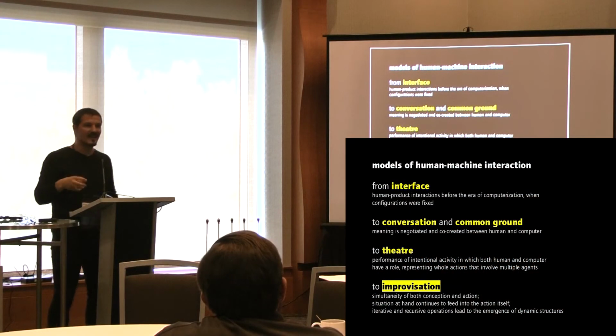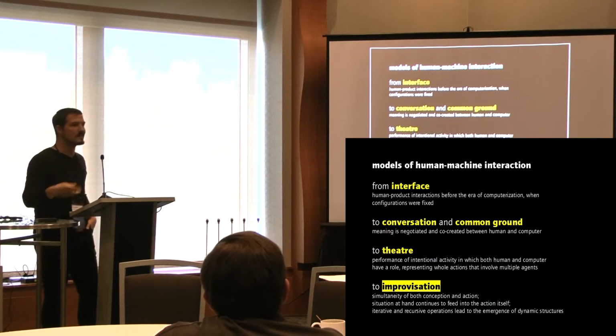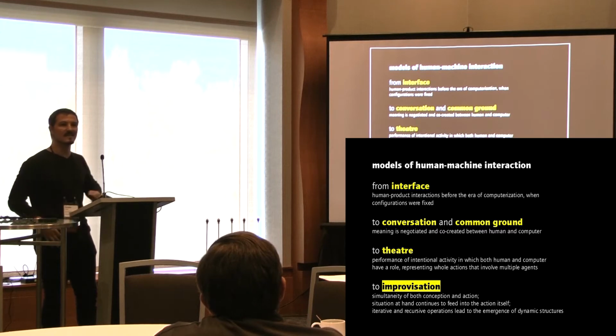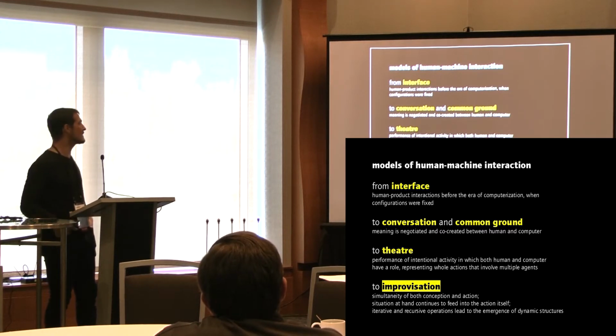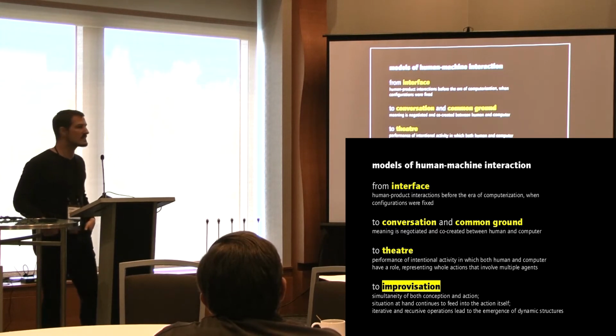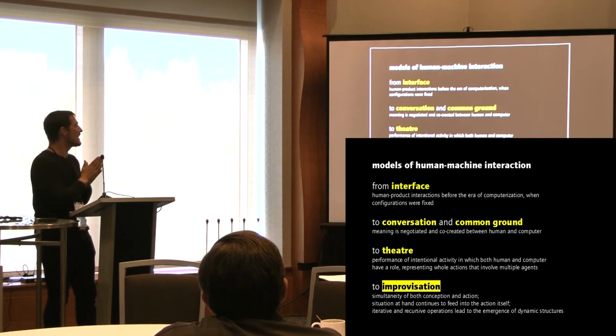Brenda Laurel then in the 90s put forth computers as theater, a very powerful model that was largely overlooked in the 90s and re-emerged when she re-edited her book with a foreword by Don Norman in the early 2000s. Computers as theater looks at performance of intentional activity as a design model where both humans and computers have a role as multiple agents on a theater-like stage that represent whole actions.